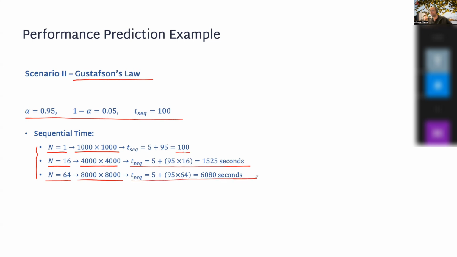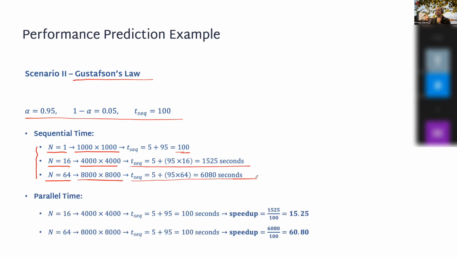6080 seconds, right? So now let's compute the parallel time. So in the parallel time, if we use 16 cores, using this 4000 by 4000, the parallel time. So these are not the sequential time. These are the parallel time. I will fix them.